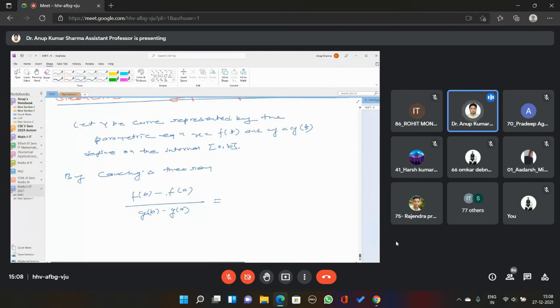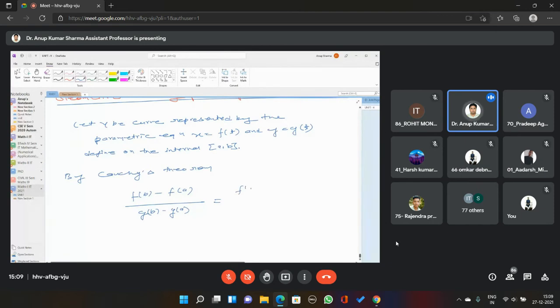We know that this represents the average change of the function over the interval, which is equal to the instantaneous change of the function at some point c.